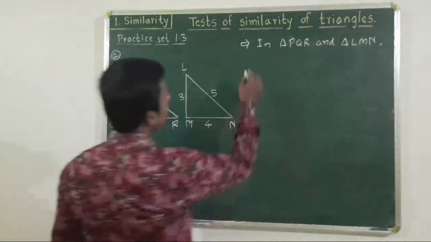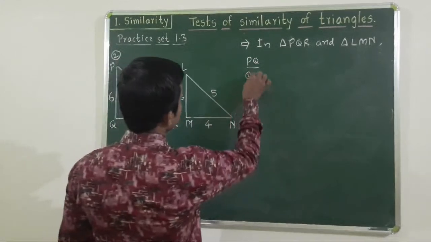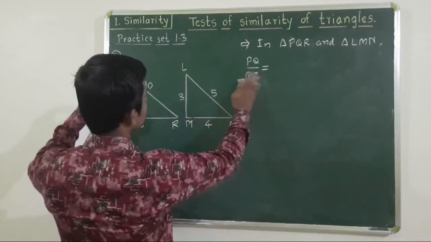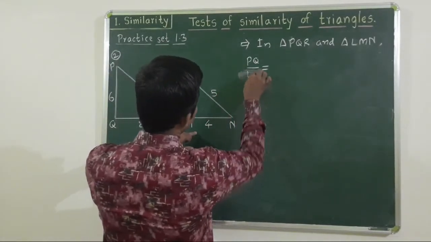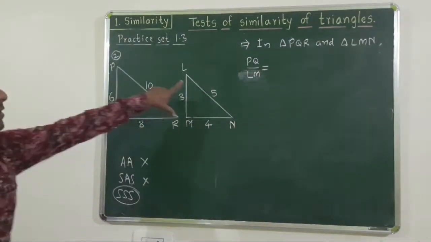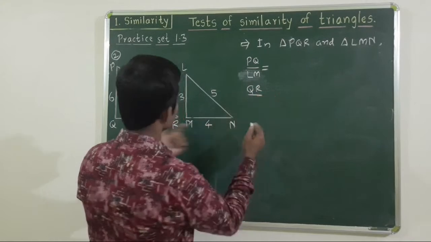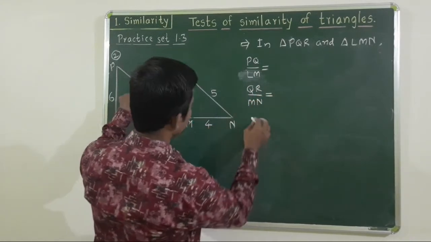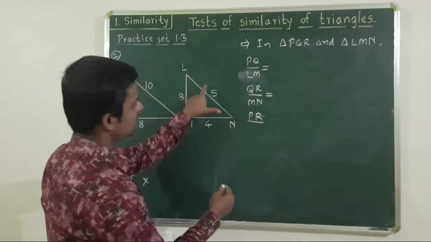Now take ratios one by one. PQ upon LM is equal to QR upon MN is equal to PR upon LN.